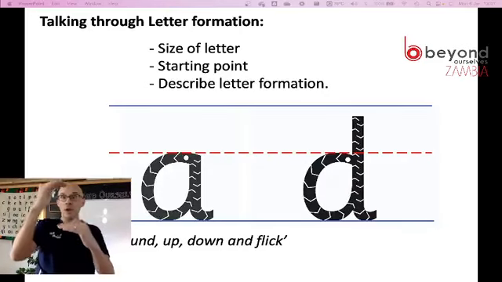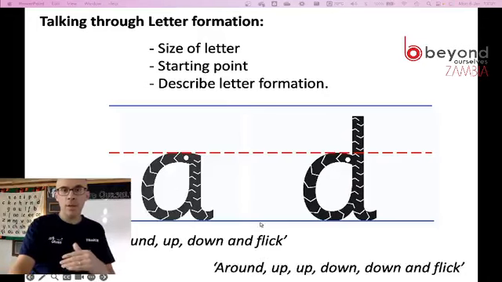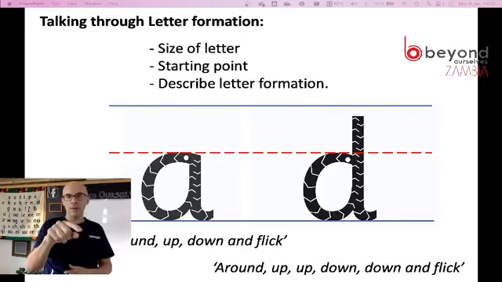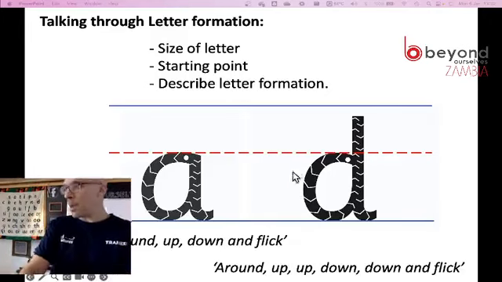But because it's a tall letter, we need to do something a bit different. So letter D, we're going to be thinking of it in terms of around, up, up, down, down, and flick. Yeah? So did you see what I did there? Because it's a tall letter, let me follow my mouse as I do this. It's going to go around, up, up, down, down, and flick.